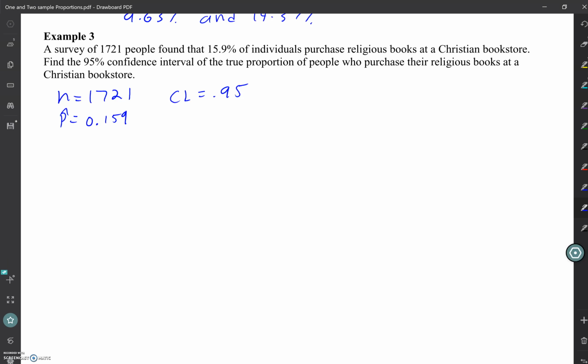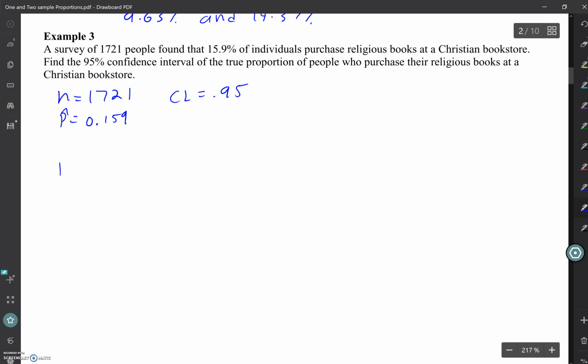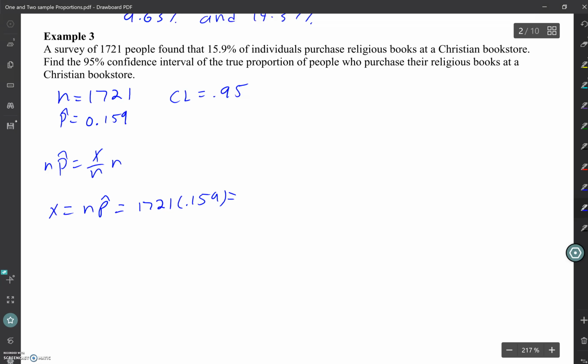Times it by the N. Because if P hat is equal to X over N, then multiply both sides by N, and you're going to be left with X equals N times P hat. So if you are given P hat, you're still not stuck. You can use technology. We just need to say 1,721 times 0.159. And this will tell me how many X's or successes they actually had. So let's see what that gives us.